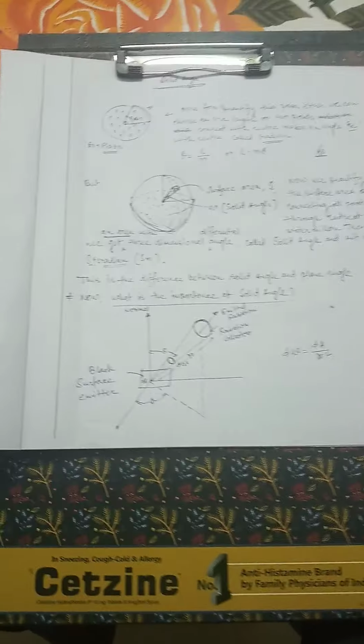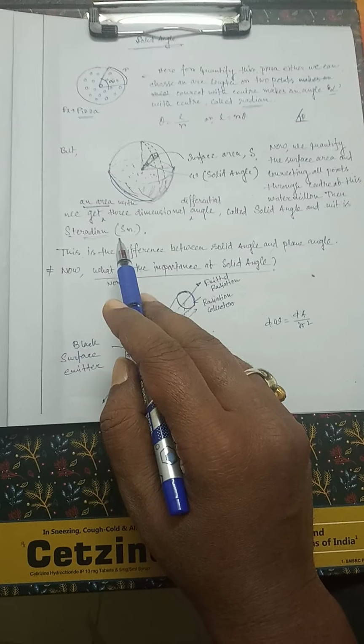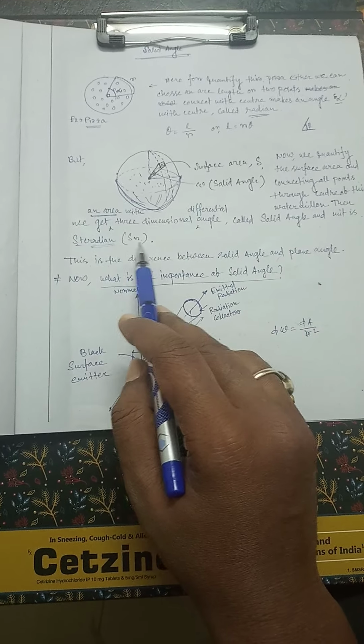For two-dimensional geometry the unit is radian, and for three-dimensional geometry it's called steradian.